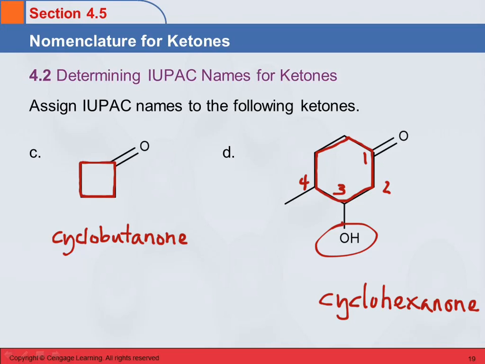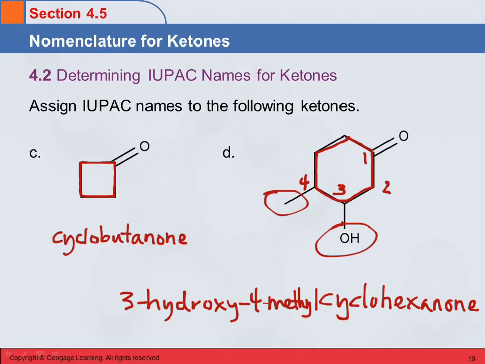So this is hydroxy, and this is methyl. Hydroxy comes first in the alphabet, so we're going to name that one first. So this will be 3-hydroxy-4-methylcyclohexanone.